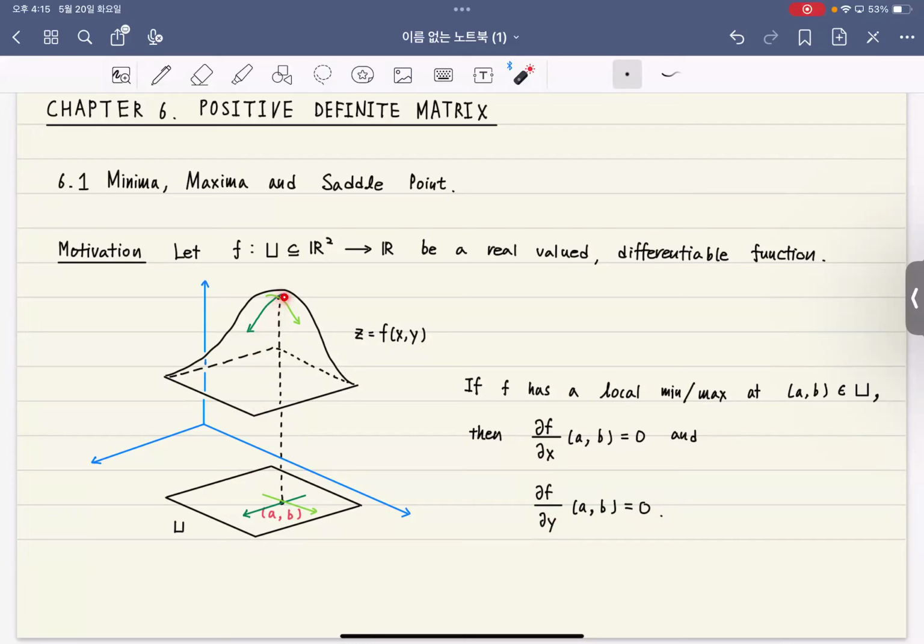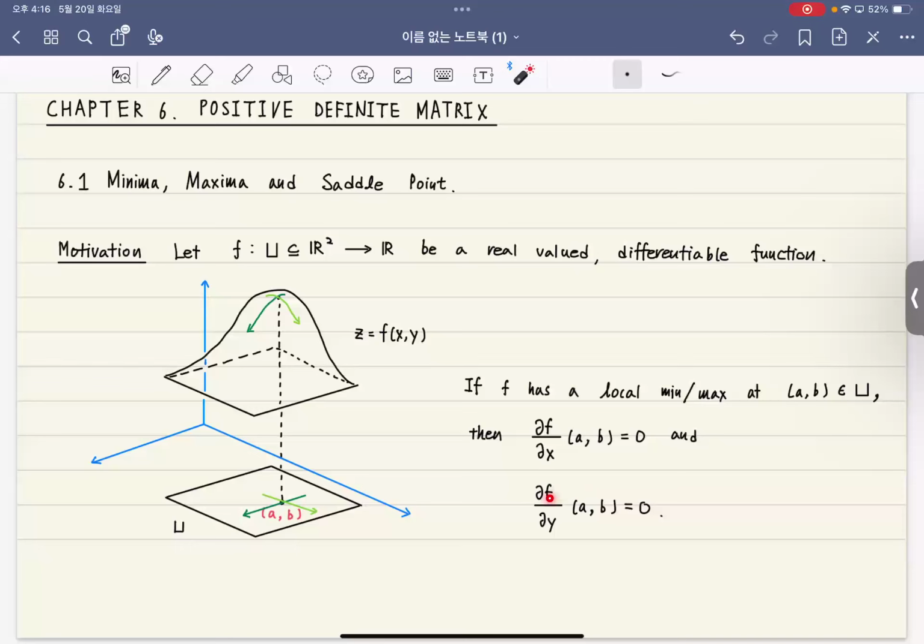Just consider the section of this graph along the plane that is parallel to the YZ plane. If you take such a section, then the curve of intersection is going to have the local maximum at this point. This light green curve represents the curve of intersection, and clearly it has the local maximum at this point.